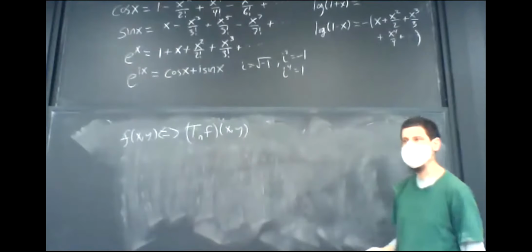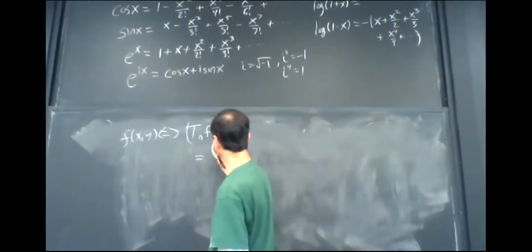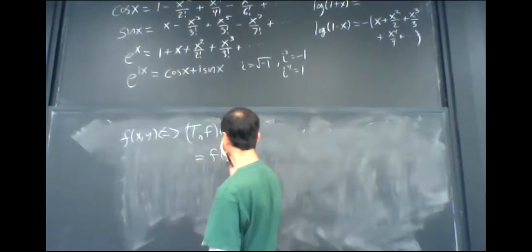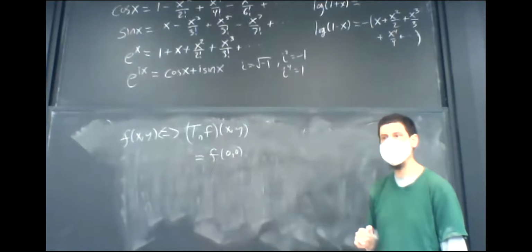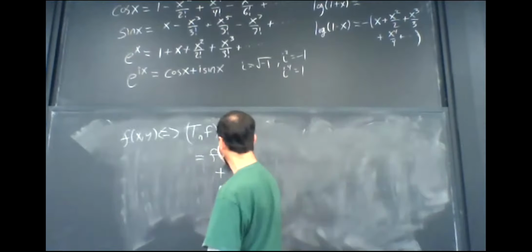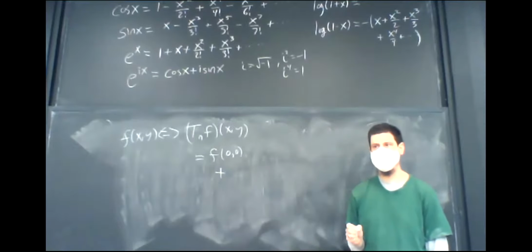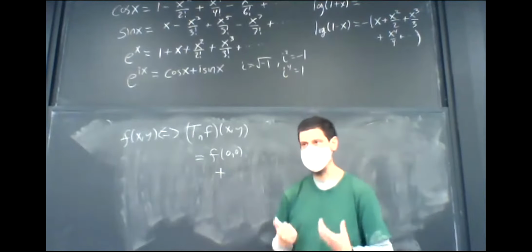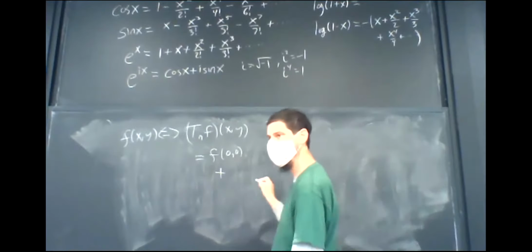Well, the way to do that is maybe to just match up derivatives. So I should start off with f of 0, 0. That'll be the 0 order term. Then I need terms of degree 1 in x and y. So we have something times x and something times y. What do you think the term times x should be?